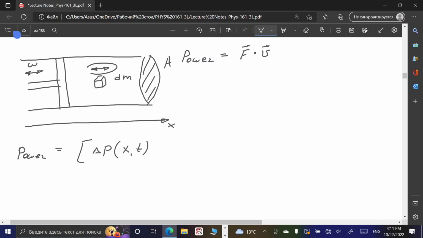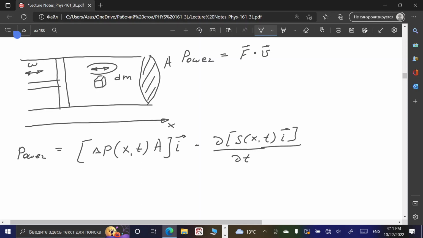So this wave function which describes pressure change in the sound wave, times area, times unit vector i along axis x, and then we have the dot product with the partial derivative over time of the wave function which describes displacement of this air element, times i vector.